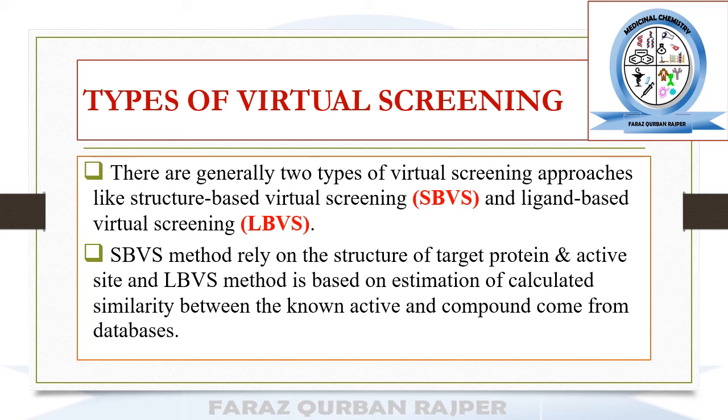On the other hand, ligand-based virtual screening is based on the techniques of ligand-based drug design, and it mainly relies on the knowledge of the ligand. It uses techniques like pharmacophore modeling and the QSAR approach, in which pharmacophore modeling checks the similarity between the drug molecule from the database.